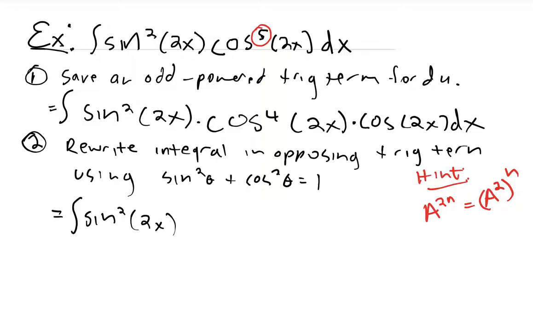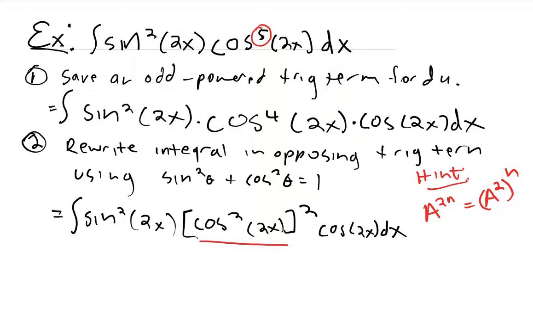My cosine to the 4th, I just said we were going to try to write it as a square, but we would have to do it in a sneaky way. Here, I don't really have to do anything with this cosine 2x dx on the end. We said that we were saving that for a du, so I'm not going to touch it.